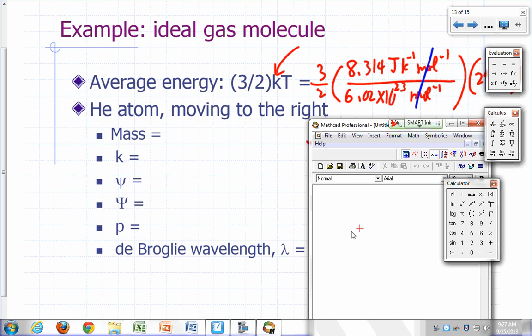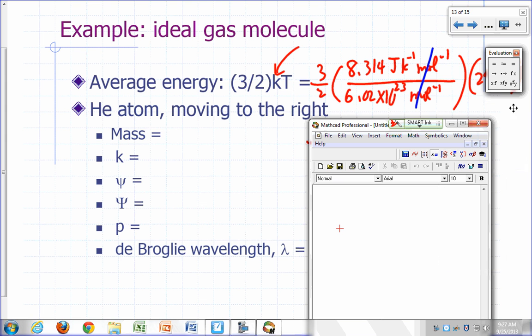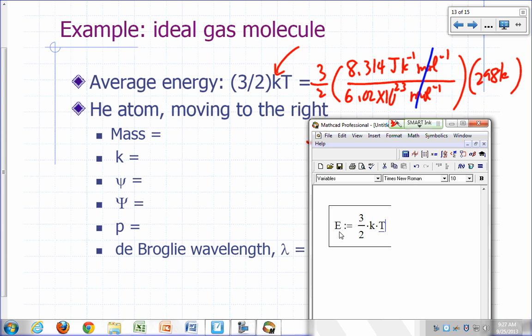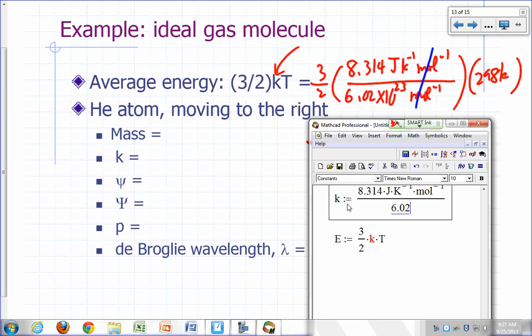So our kinetic energy would be E equals 3/2 times Boltzmann's constant times temperature. Okay, so we have to tell it what Boltzmann's constant is. K equals, what is it, 8.314 joule per Kelvin per mole, and that's divided by Avogadro's number, 6.022 times 10 to the 23rd.